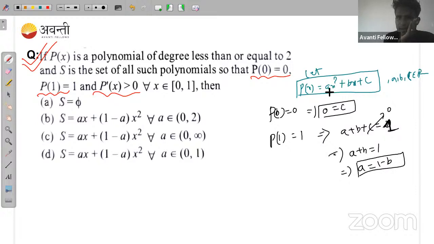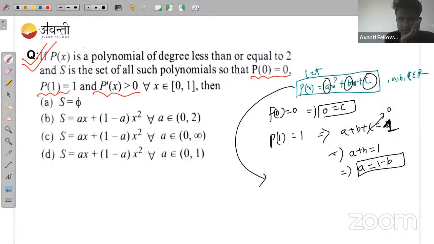These are all dummy variables. This a, b, c are just dummy variables we are using. They have no meaning by themselves; we just have to check how that polynomial looks. If a is 1 minus b, what can I write for the final p of x?